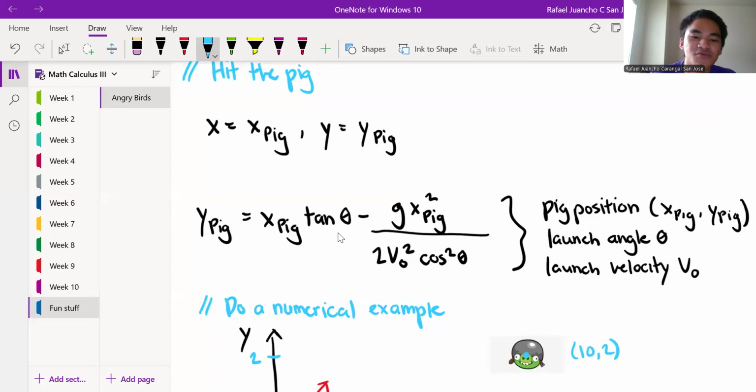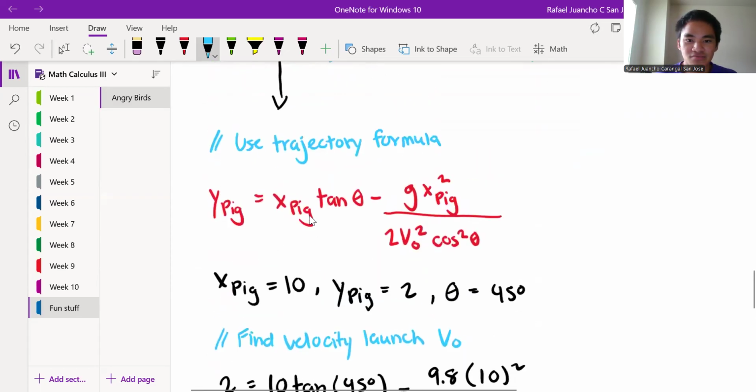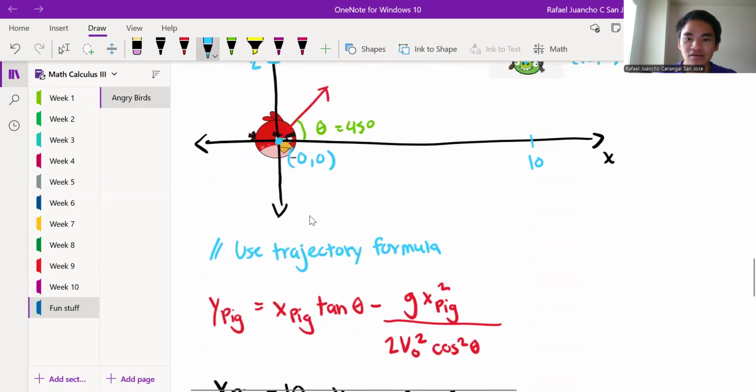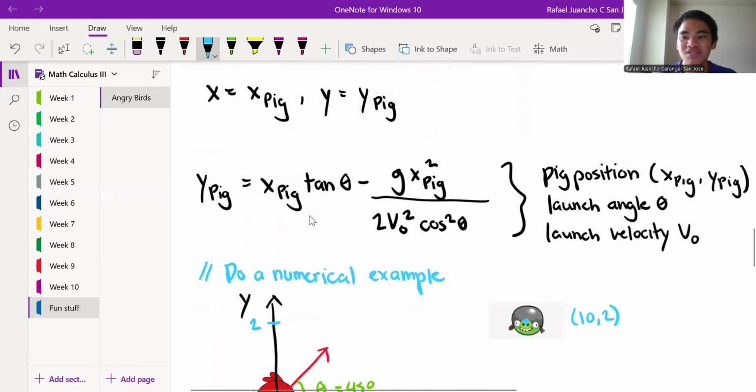It really depends on what we're trying to find out. Or if we're given the 2 points, the pig's position. Also if we're given the velocity, then what's the angle?